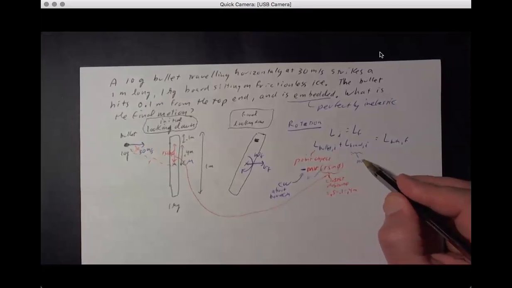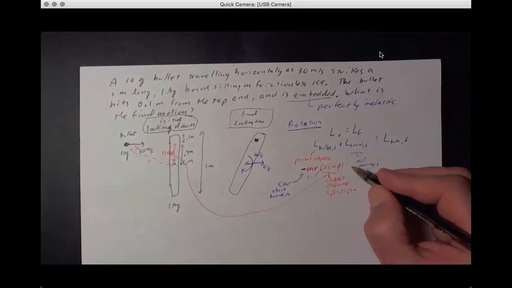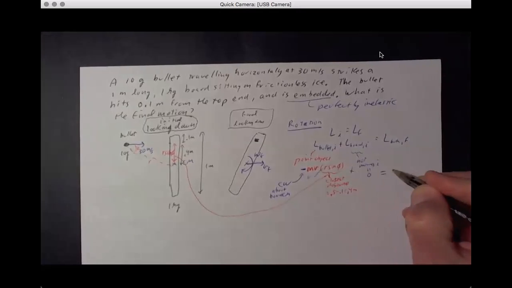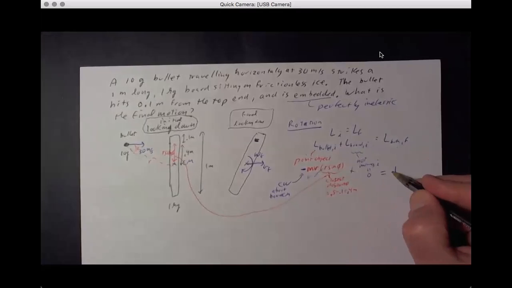That's not moving for the initial, and so that's equal to 0. And so this plus 0 is equal to that, and this is I final omega final.